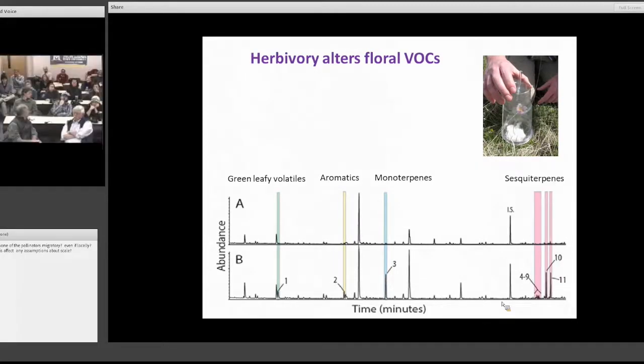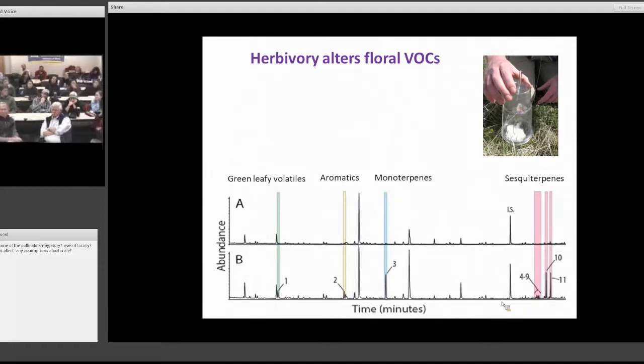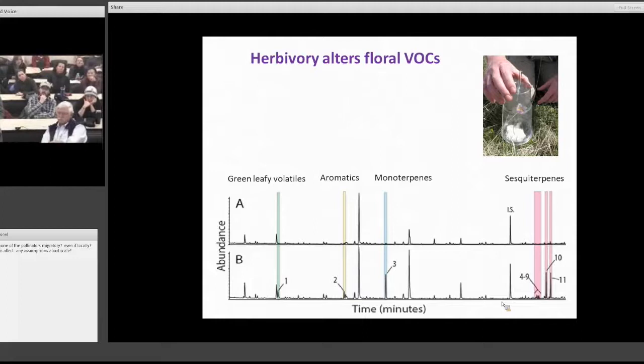Herbivory in most plants that have been looked at, that's a well-known phenomenon. Green leafy volatiles are released passively when green tissue is damaged and cells are broken open. But as far as I know, all the compounds are known to be emitted by other plants. It's just interesting that feeding changed the floral volatiles.